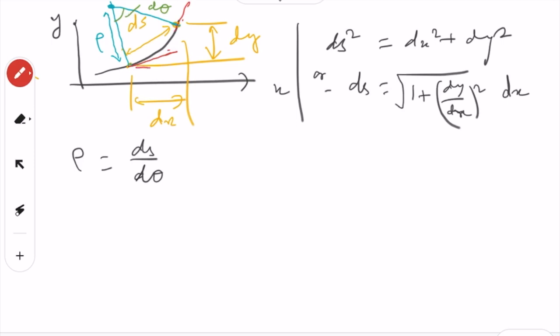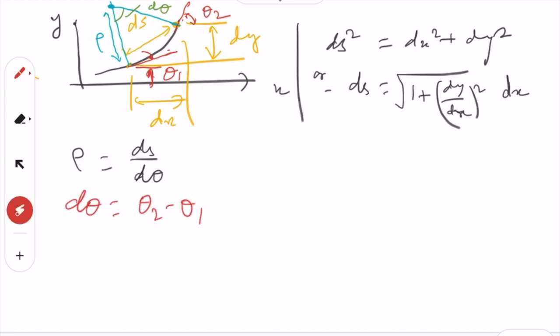Let us say this angle is theta 1, and this angle is theta 2. Okay, so d theta will be equal to theta 2 minus theta 1. It will be equal to like that.